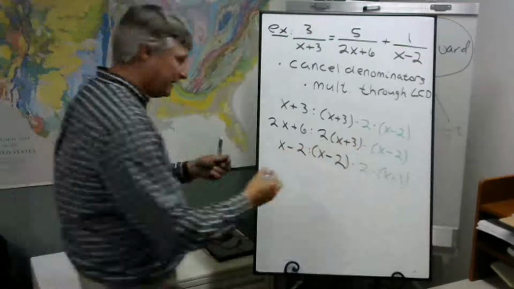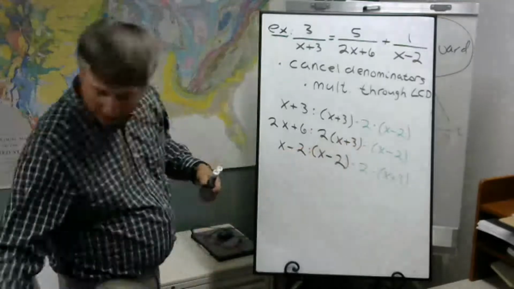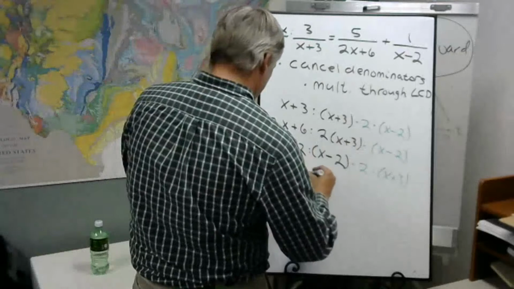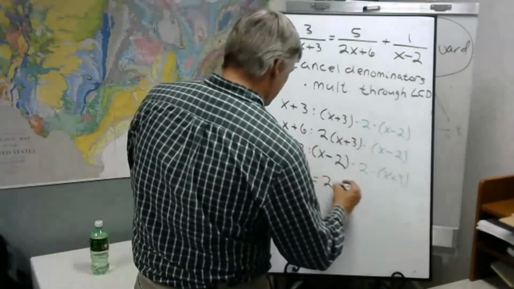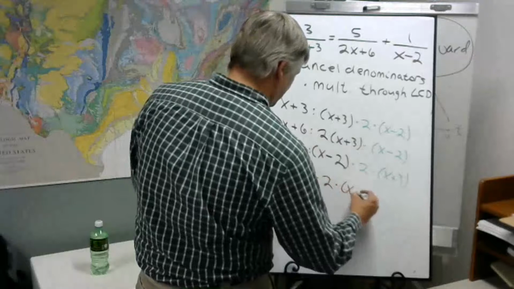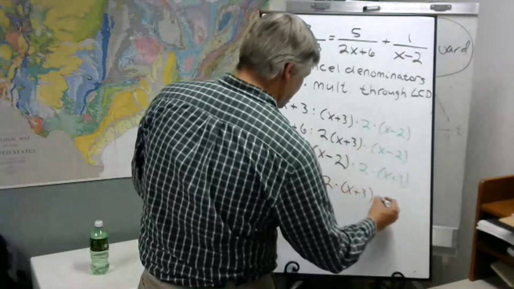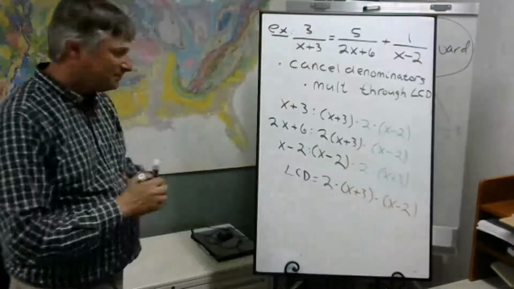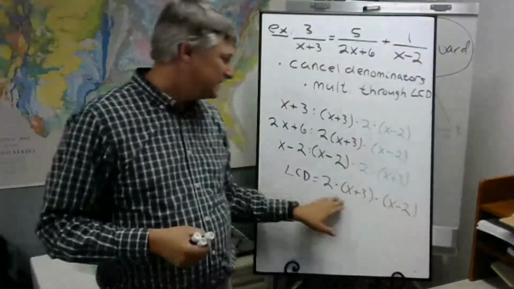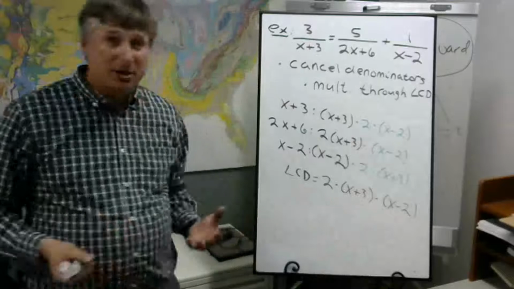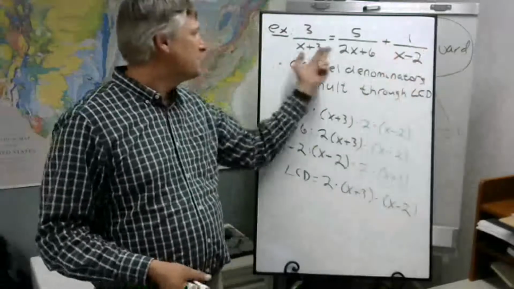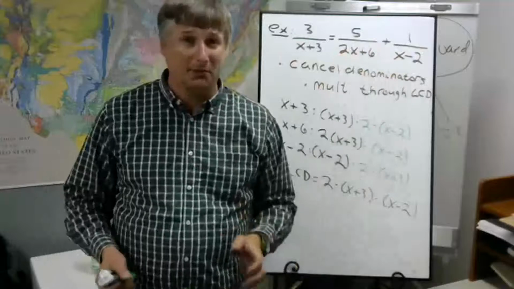So this means the LCD is 2 times x plus 3 times x minus 2. This is the simplest expression that we can multiply through by to make these denominators cancel.